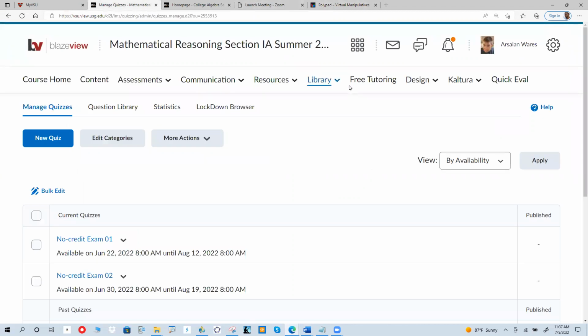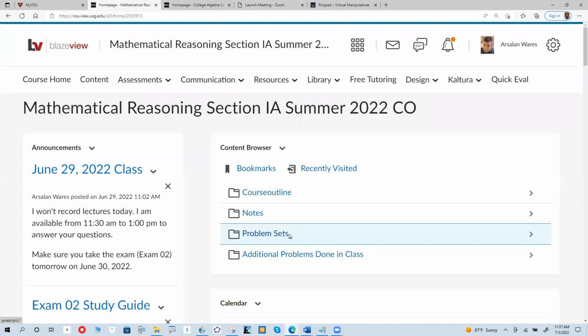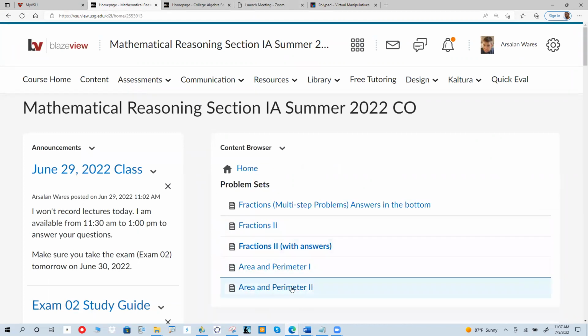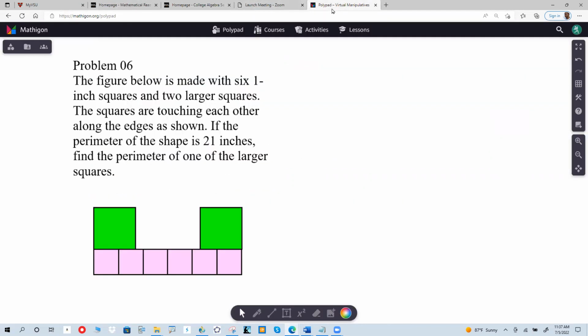And I can show you right now. It's right here, Area Perimeter 2. Let's read the question. The figure below is made with 6 1-inch squares and 2 larger squares. The larger squares are clearly green. There are 2 of them. And the rest of the pink squares are 1-inch squares. That means this is 1 inch.